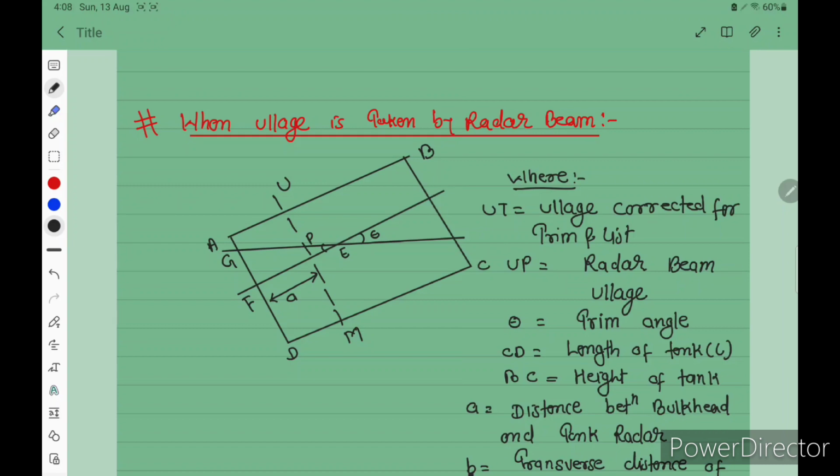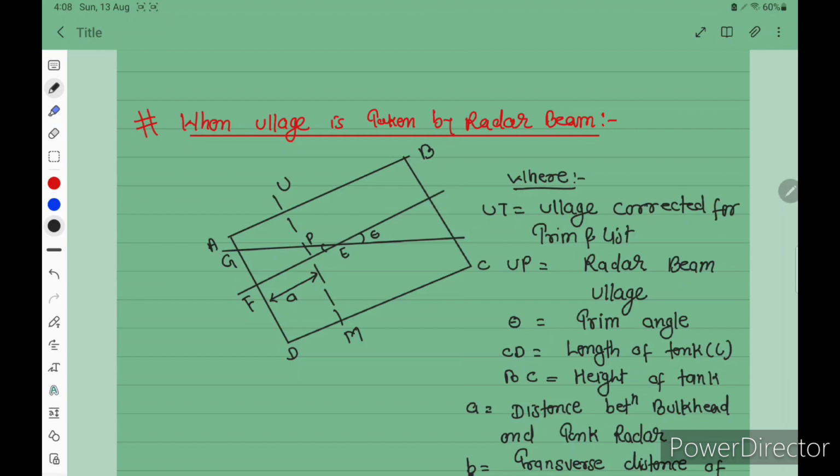It is not possible to check every tank by UTI every hour, because now there are 15-16 tanks, so we have a fitted system called the radar beam gauge, which gives the readings directly in the CCR, the cargo control room. But once or twice we can check manually and cross-verify with what the radar beam is showing, okay, practically on board.